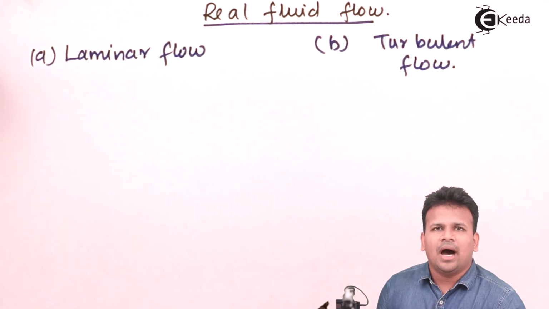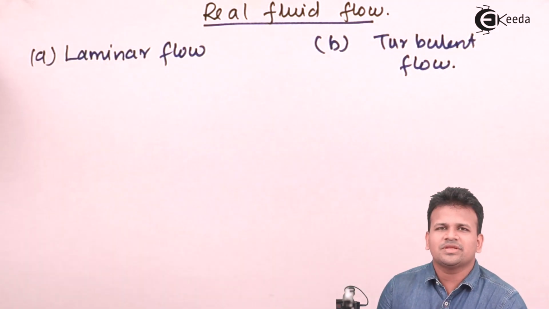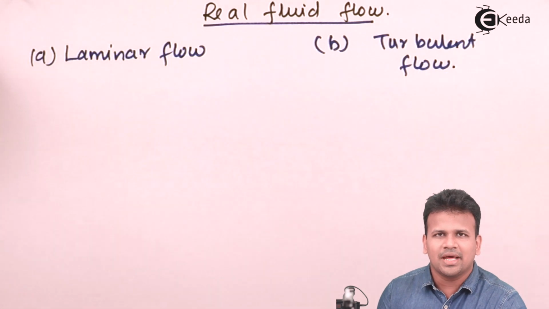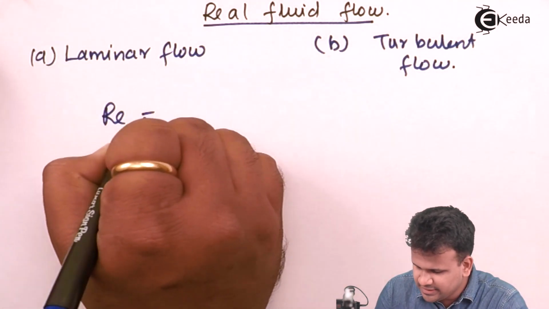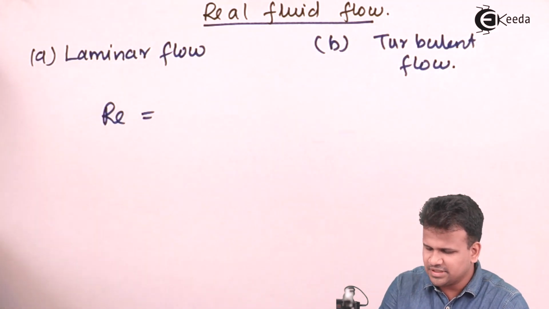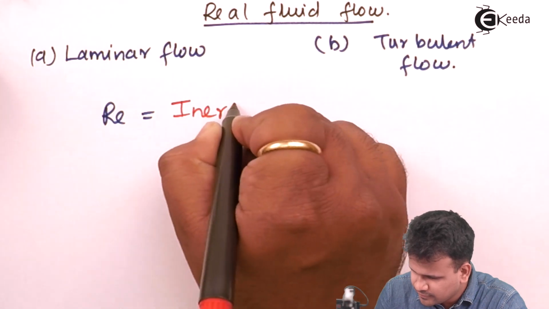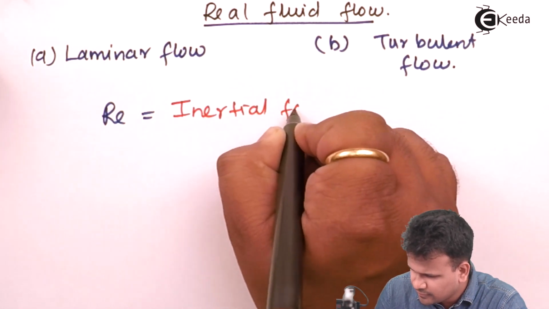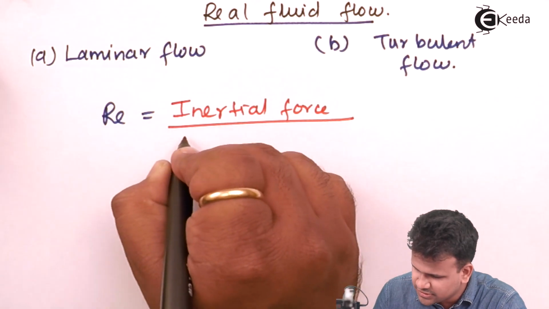Now, how to differentiate between laminar flow and turbulent flow? For that, we have to learn something called the Reynolds number. Now, what is Reynolds number? Re. Reynolds number is given as the ratio of inertial force to viscous force.